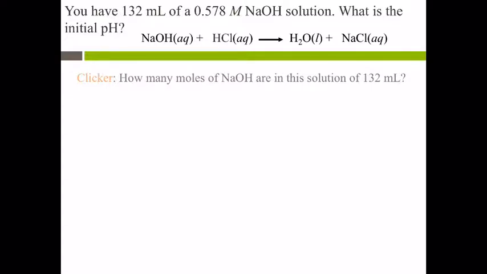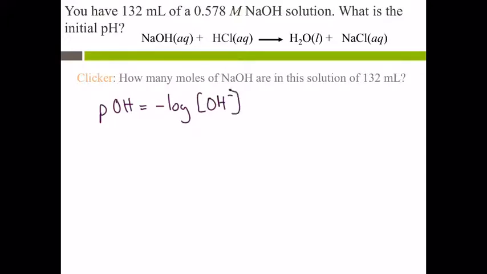Does the amount of it matter to find the pH? I hope you're saying no, it doesn't. All we need is the concentration. So we know that pOH is always equal to negative log of the concentration of OH minus.